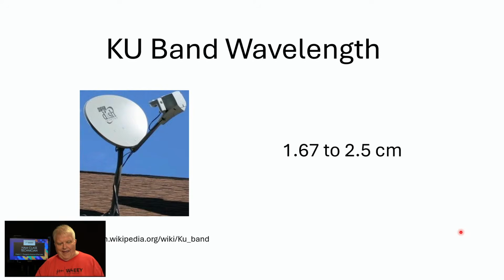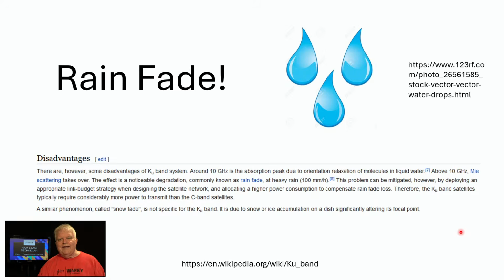NBC discovered that they had problems with rain fade. Raindrops, things coming down from the rain, were just about the right size to cause absorption of those KU band signals. And so if there was a really heavy rainstorm in Saginaw, Michigan, where I was working, it would wipe out our network signal.